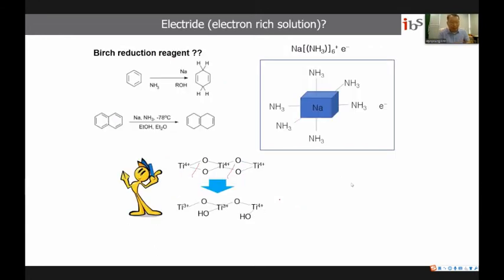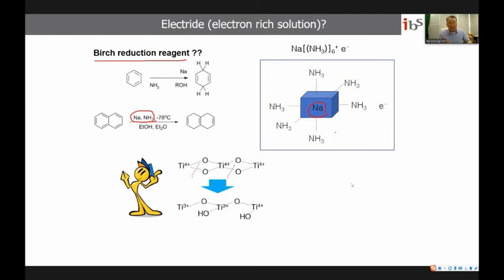In my previous postdoc at North Carolina State University, and also in my PhD doing organic synthesis, I have experience with the Birch reduction reagent. What is the Birch reduction reagent? If you have ammonia and sodium, ammonia is a colorless solution, but if you add sodium, it gives a very deep blue solution.